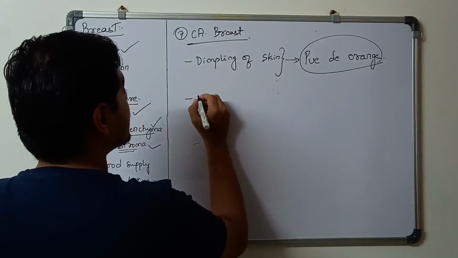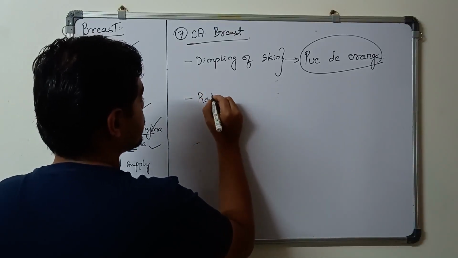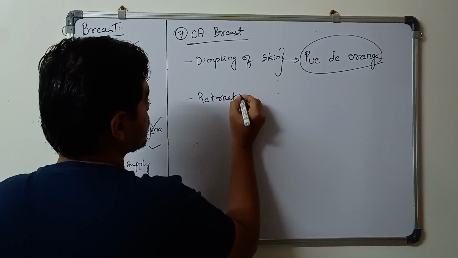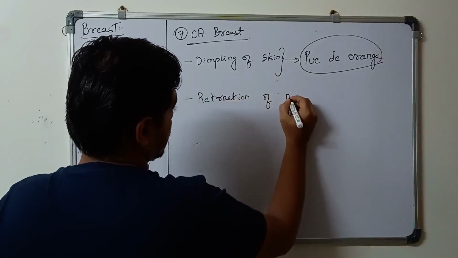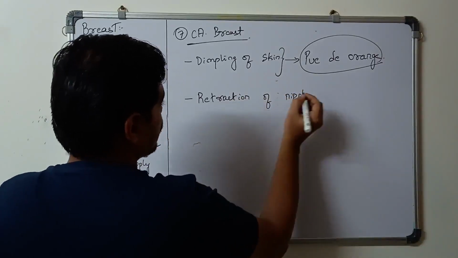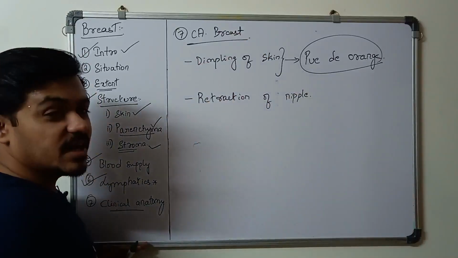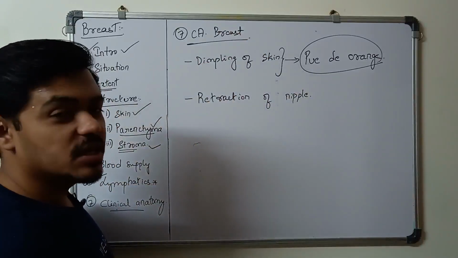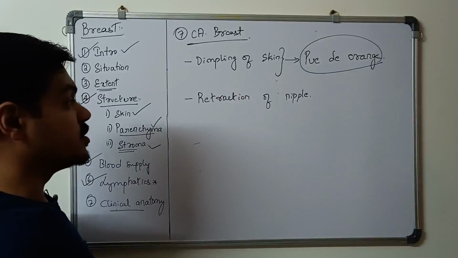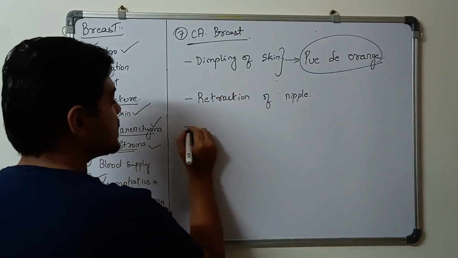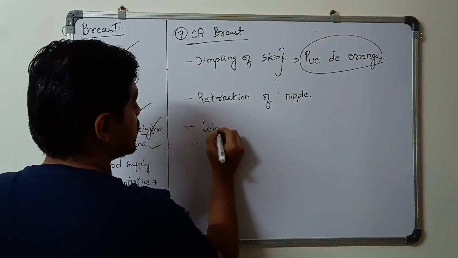Now the next is retraction of the nipple. The pathology behind this is exactly the same, because of invasion of the suspensory ligaments of Cooper.